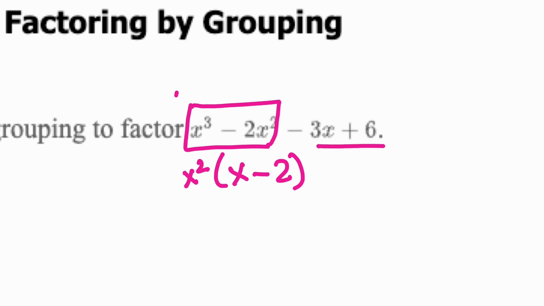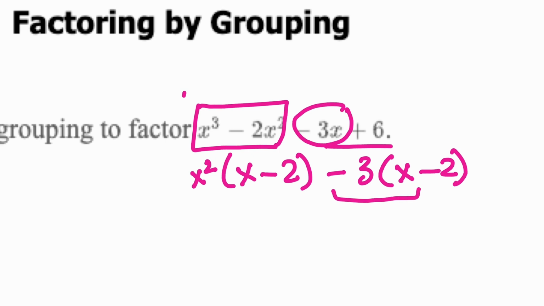So if I pull out a negative 3, I can do x minus 2 here as well, and then the negative 3x gives me back this, and the negative 3 and the negative 2 give me back the positive 6. That's a lot of writing at the end, but I've got an x minus 2 and an x minus 2, and that's exactly what we want when we group.